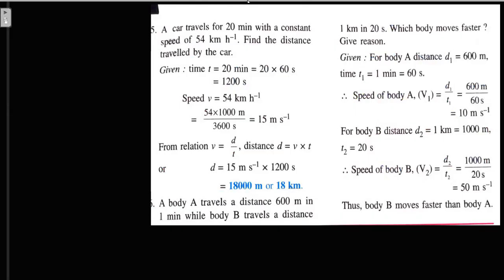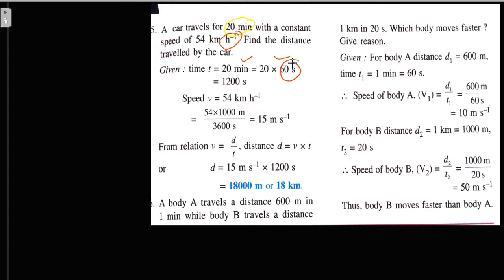Now we will move on to 15th. A car travels for 20 minutes at a constant speed of this, find the distance. Time t is 20 minutes. The speed is given in hours, so we will convert t into seconds and the speed also into meter per second, right? 1 minute contains 60 seconds.